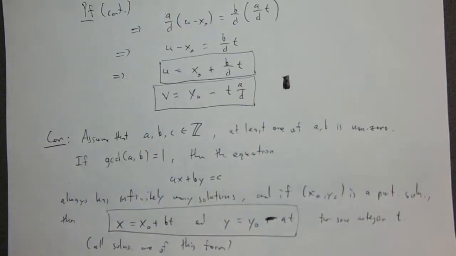Now, note I haven't actually given you a method for finding that particular solution. If you had one, either by inspection, because you've made the equation simpler and you can immediately pick out numbers that work, or it was gifted to you by someone and you checked that it worked, then you'd be able to write out infinitely many solutions.